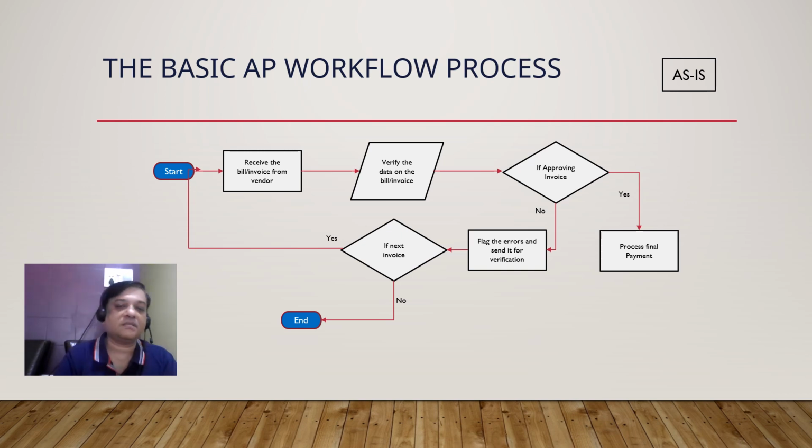So this is the simplest of the basic AP workflow, but it really gives a lot of help and support when it comes to the errors and the issues that can originate.